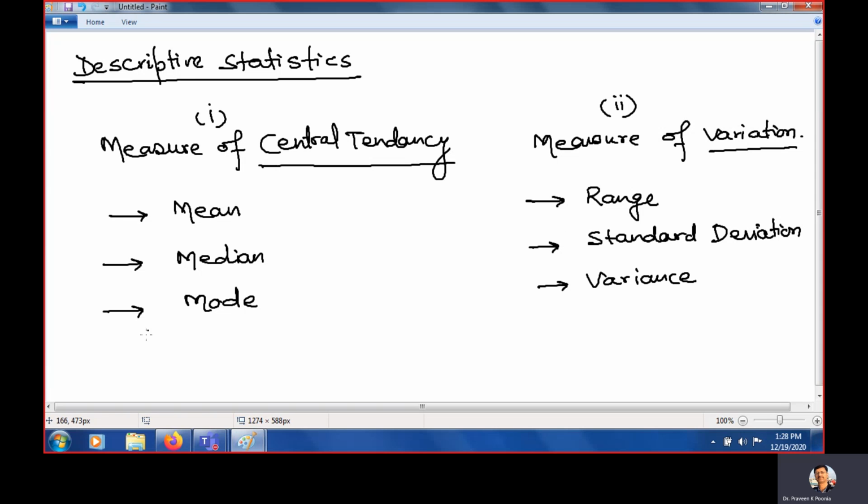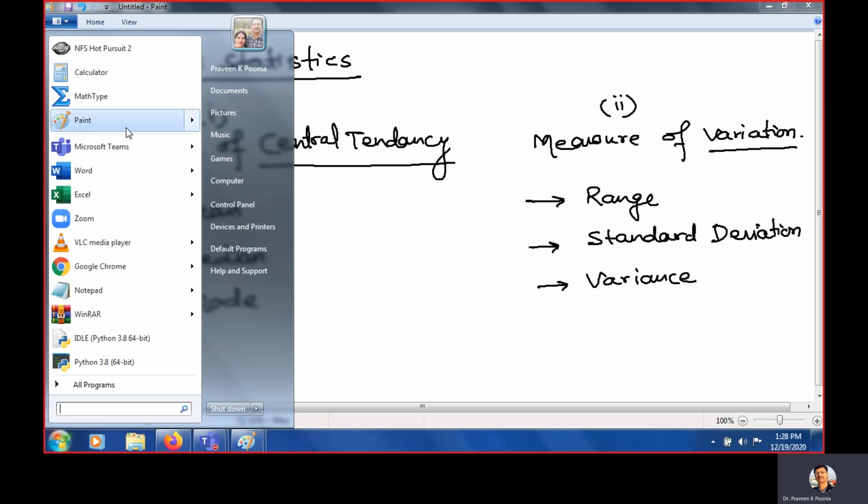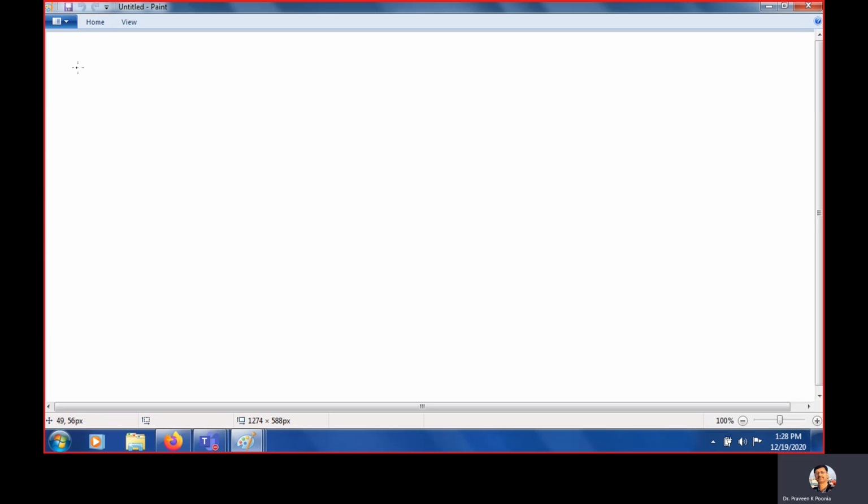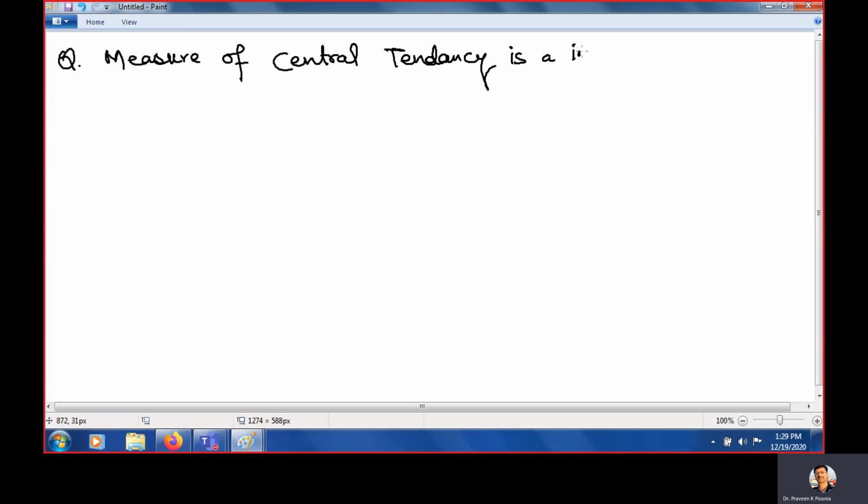So there are many questions on this slide. I will tell you one question. Generally we ask: measure of central tendency is an inferential statistics.